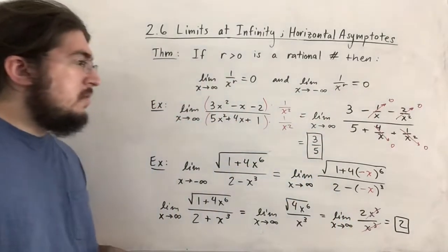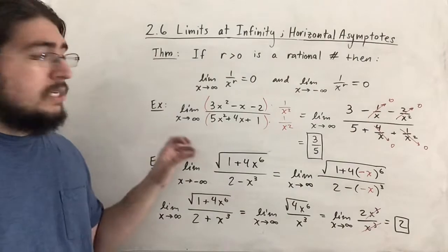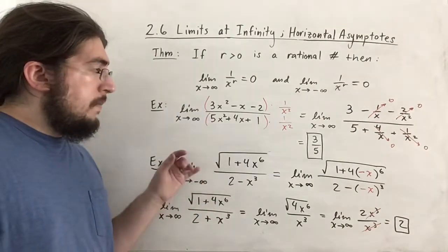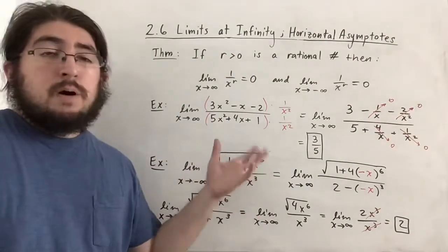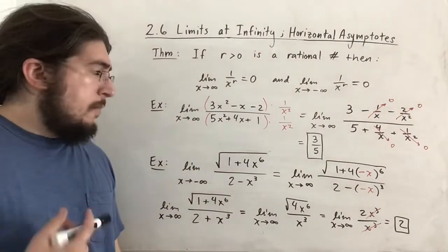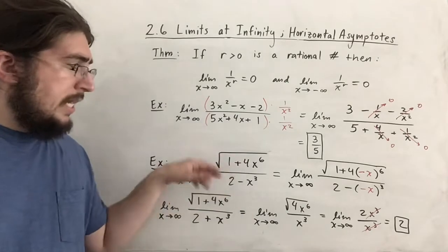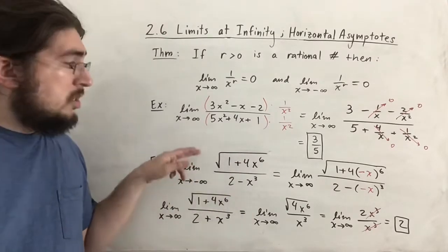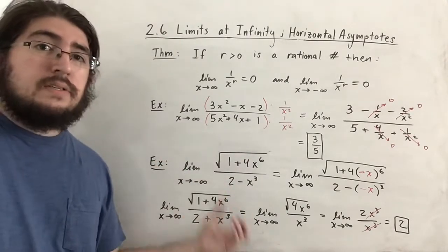Now, if you wanted to do this by multiplying everything by the largest power, you would multiply everything by 1 over the large power. You'd multiply top and bottom by 1 over x to the 3rd. Now, you may ask yourself, well, the largest power inside is x to the 6th, but it's the square root of x to the 6th, which is x to the 3rd.